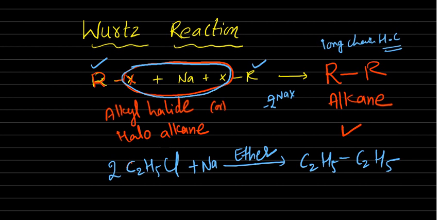If you take the example of ethyl chloride, two ethyl groups combine and form butane. What is this compound name? Butane, right? We can see one more example here.